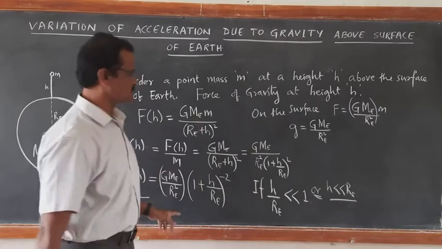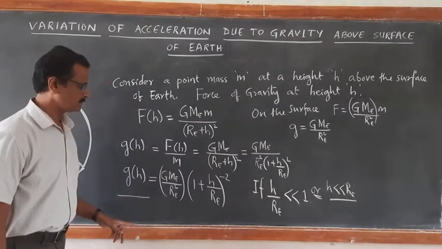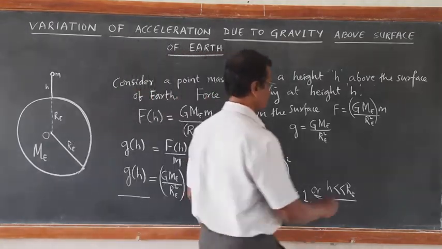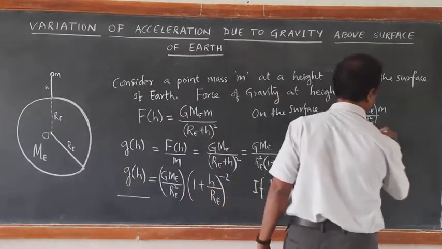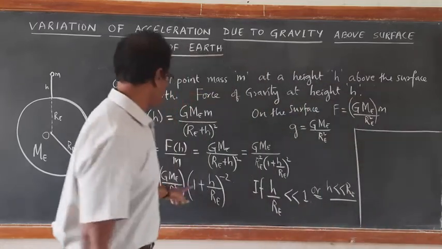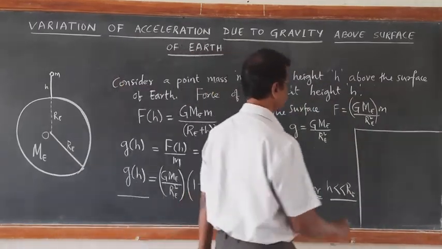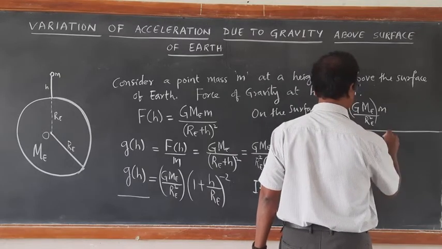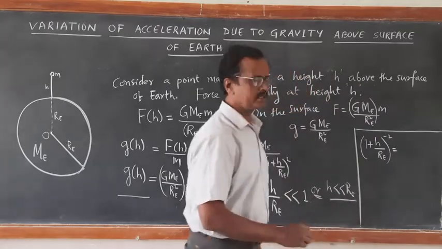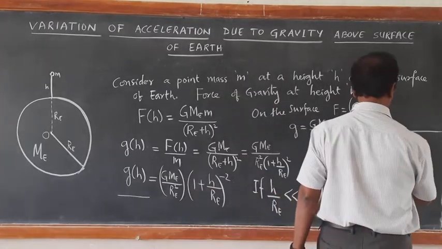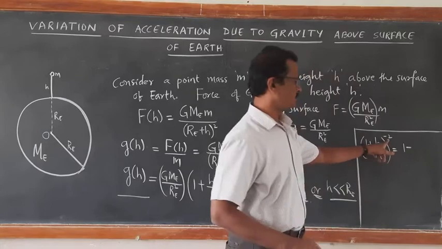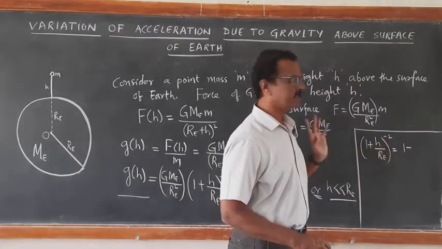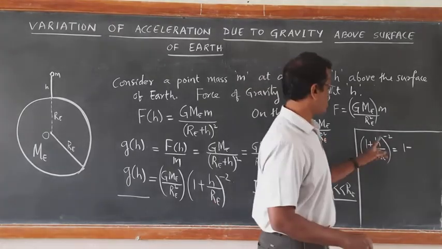We can expand this using the binomial theorem. Binomial theorem is very simple here. 1 plus h upon Re whole raised to minus 2. When you expand this binomially, it becomes very simple. It becomes 1 minus 2 into h upon Re, since the power minus 2 is just multiplied with the second term.